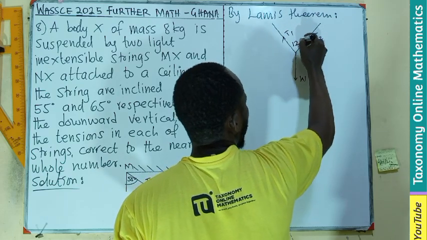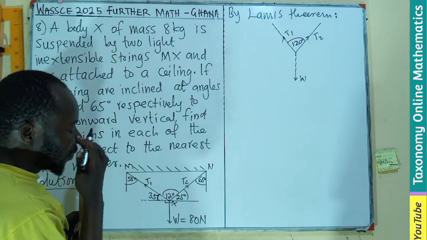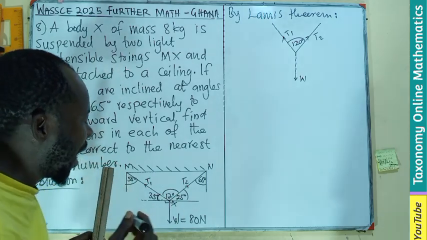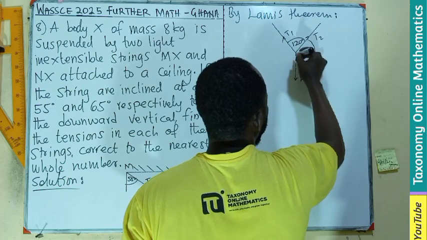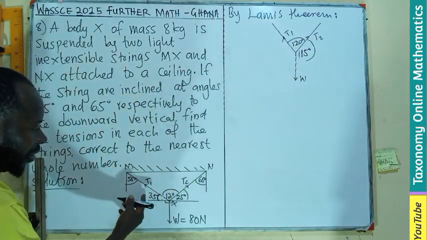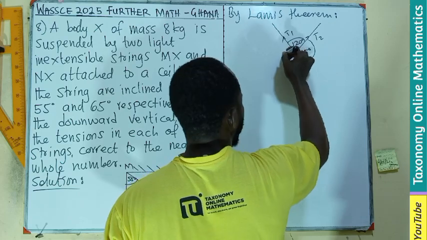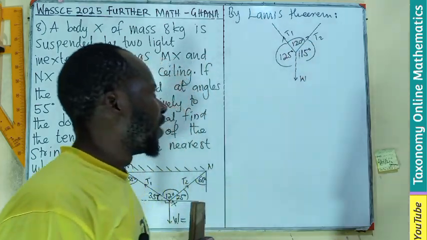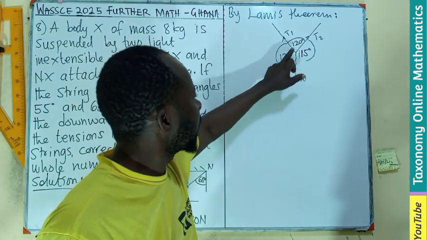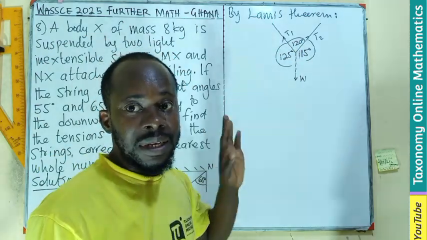The angle here is 120. The angle here is 90 plus 25, that's 115. Then the angle here is going to be 90 plus 35, that's 125, right? Good. Let's see if we add all of them, that will be 360. That is it.